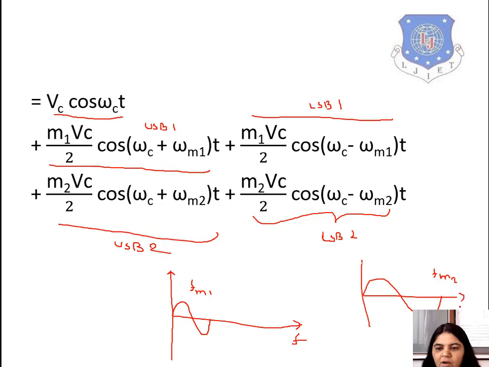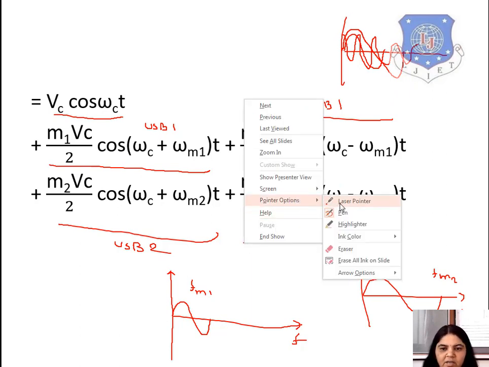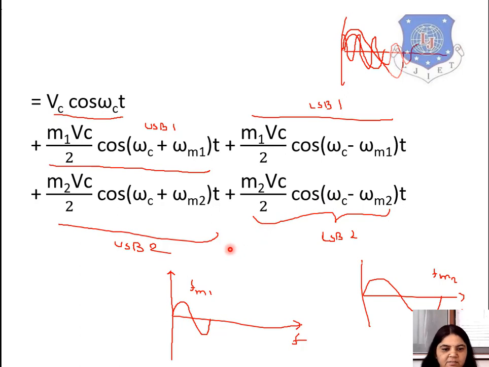So we have two different frequencies that will travel onto the same carrier wave. This is one frequency, this is the other frequency, and they will travel onto the one carrier frequency. So here we are deriving the equations for this.